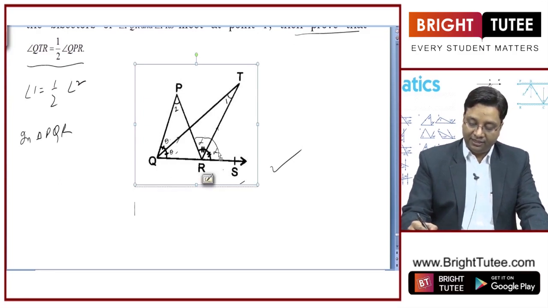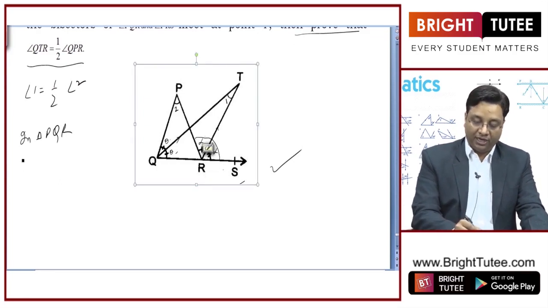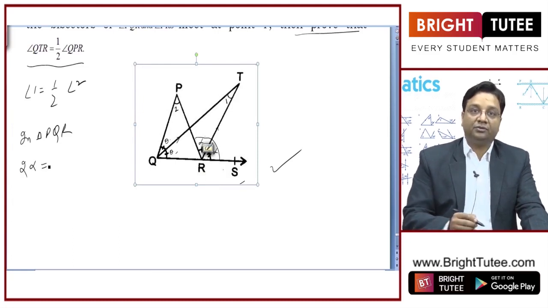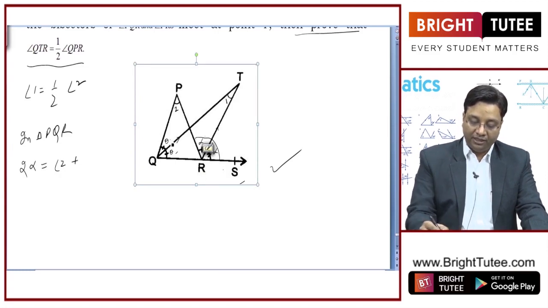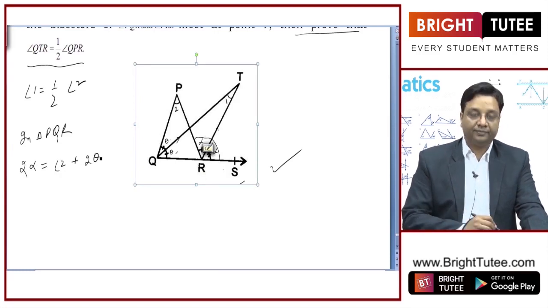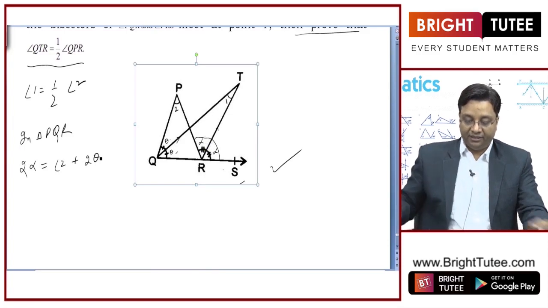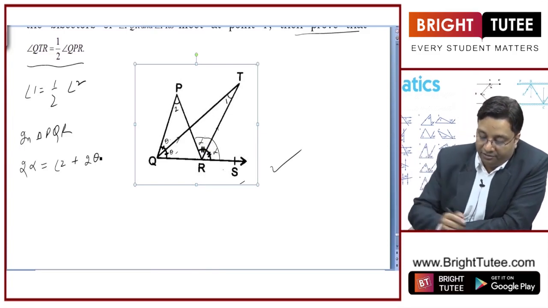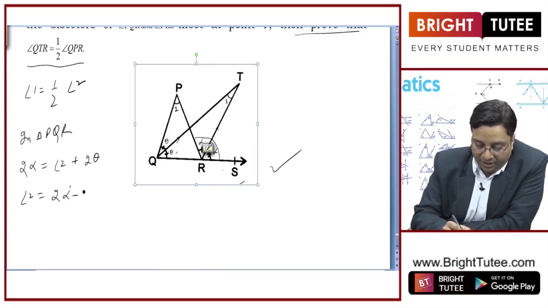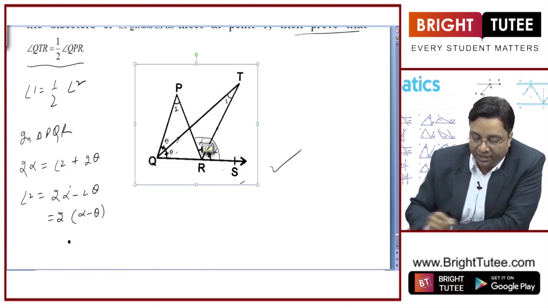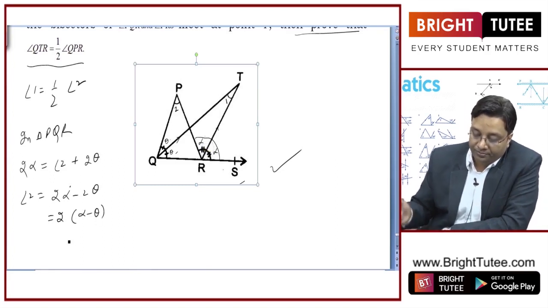By the exterior angle property, 2 alpha is equal to the sum of interior opposite angles, that is angle 2 plus 2 theta. This is one result that I obtained. So angle 2 is equal to 2 alpha minus 2 theta, or taking 2 common, 2 times alpha minus theta. This is angle 2.